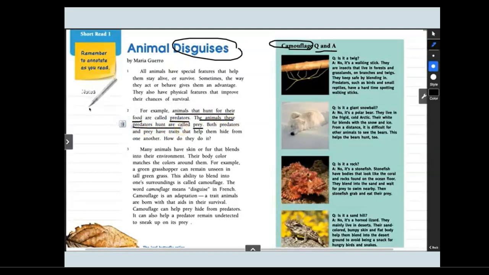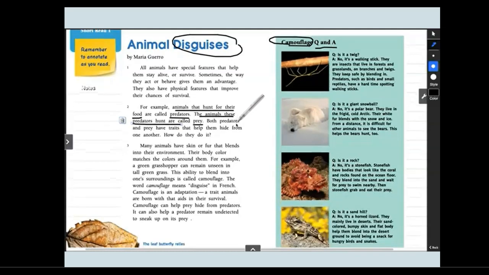Because this text is about disguises and camouflage for animals, I know that animals disguising and camouflaging themselves have to do with the predator and prey relationship. So predators use disguises and prey use disguises. So that's why these details here are really important details to understanding the rest of the text.